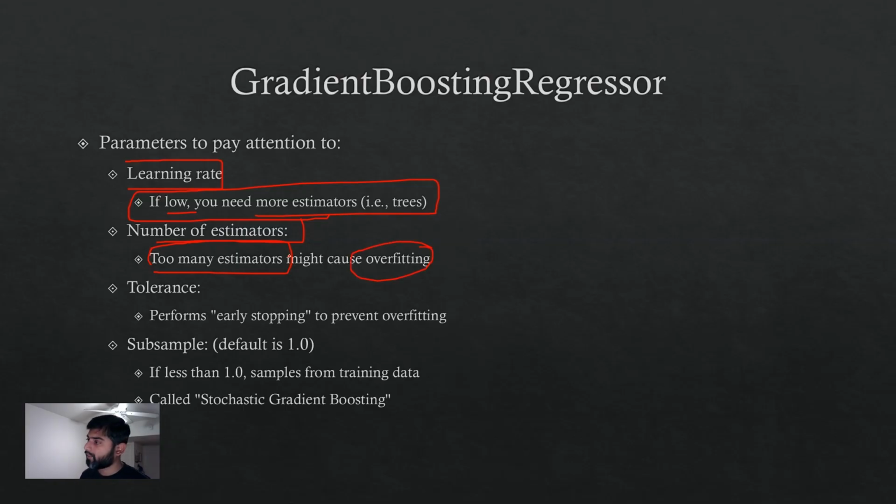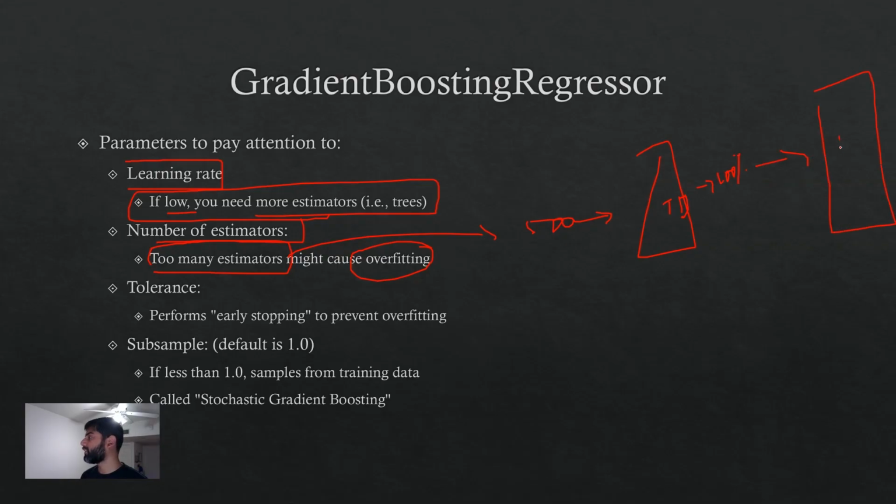How do you decide whether it's too many or too few? It's based on the concepts we discussed earlier. If it's predicting too well on the training data set, for example 100% accuracy, it's likely overfitted because it's not going to be able to make 100% accurate predictions on the real world or test data set. So this is training and this is test.